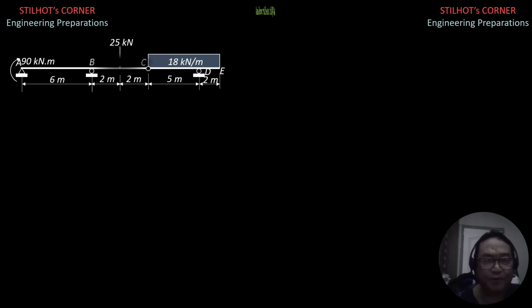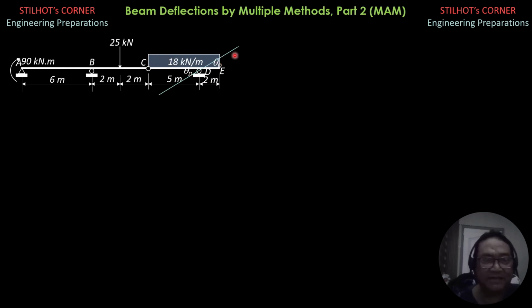Now for the portion DE, that's the tangent at D, and we already solved theta D as 28697 over 60 EI. Then let's compute the EI deviation of E relative to the tangent at D. Remember, that's the moment diagram for the portion DE only, negative.